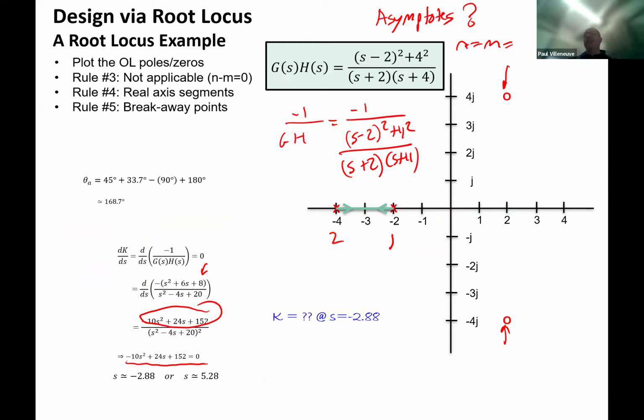Now, in MATLAB or Roots, I've got to go ahead and solve for the roots of this equation. I have negative 2.88 and 5.28. Are either of those valid, or is one valid, or are they both invalid?